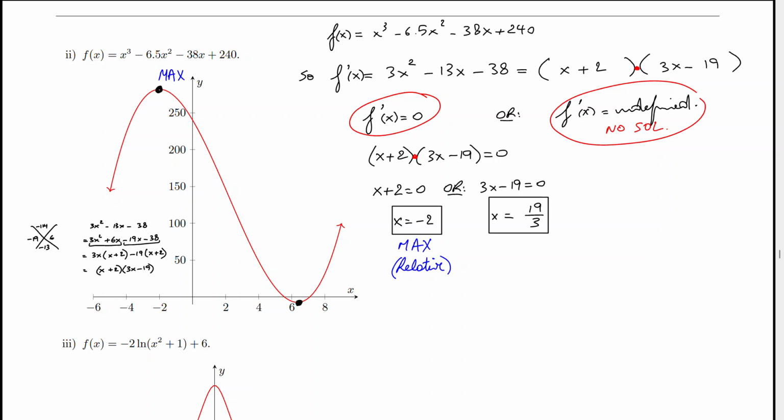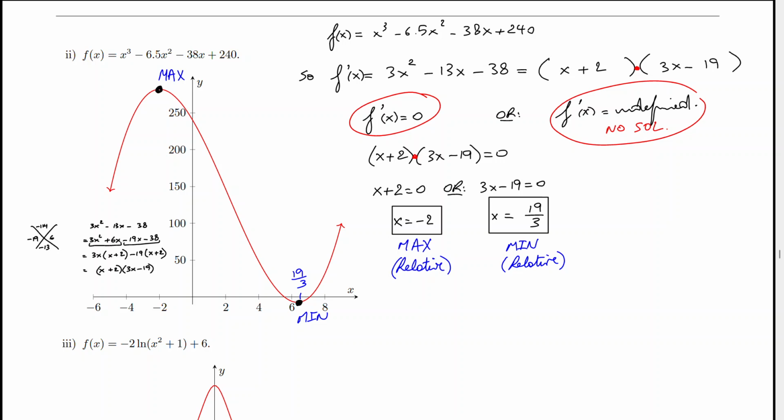And looking at 19 over 3, it seems to be this point over here. 19 over 3 is a positive value, so that's the only option. It seems like we have a minimum at that location. So again, what kind of minimum is this? It's technically a relative minimum, but you don't have to really specify if you are saying just minimum.